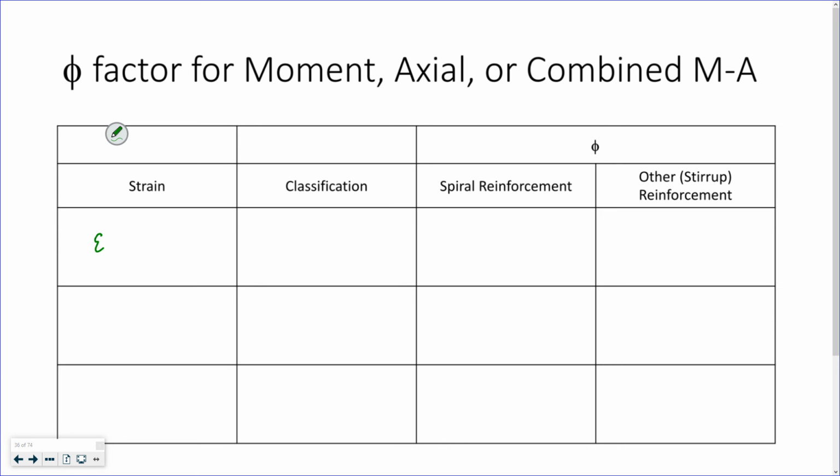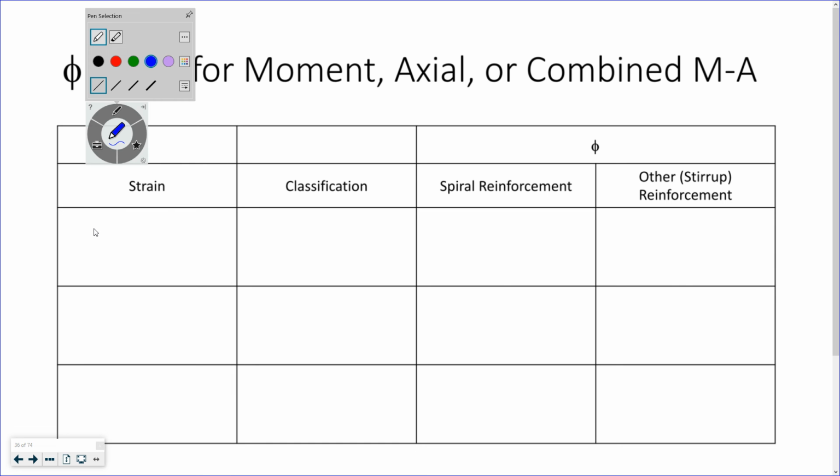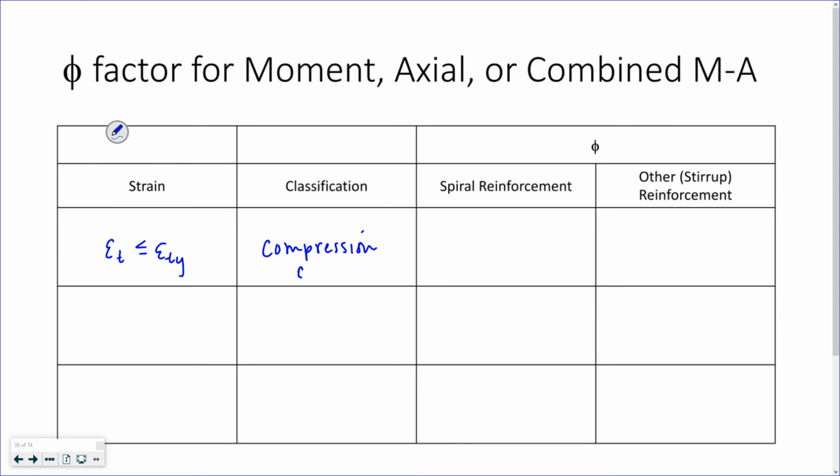If my strain in my extreme tension reinforcement is less than or equal to the yield strain associated with that tensile reinforcement, just in case maybe you have different grades of steel, then you're compression controlled.